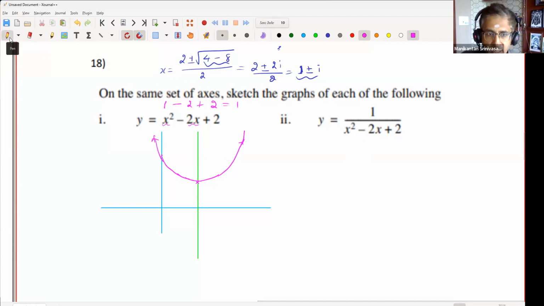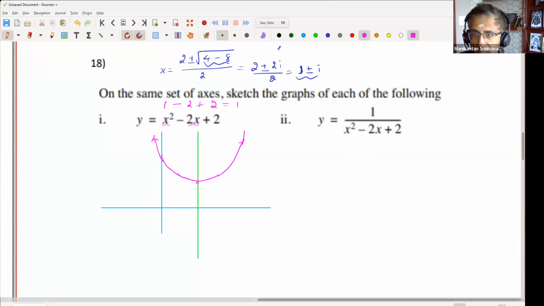Wherever the pink is high, the blue will be low. In fact, at this point both will meet because this is the point 1, 1, and therefore both of them will be equal. Now, as the pink is going up, this is going down all the way till 0.